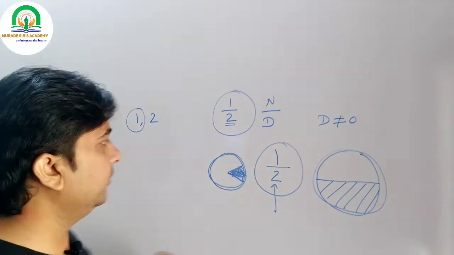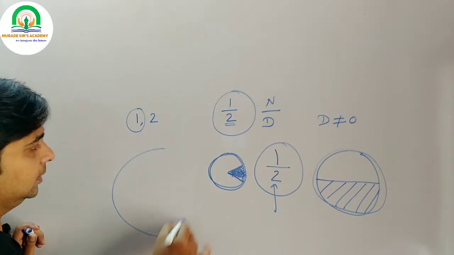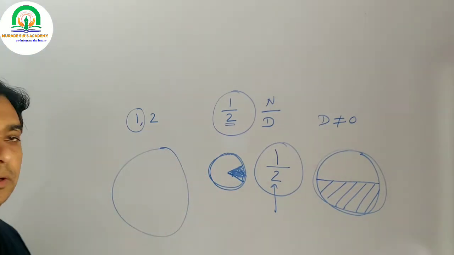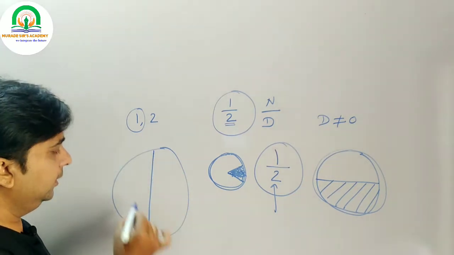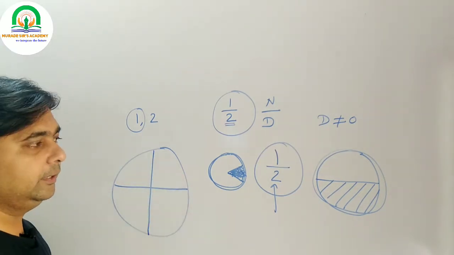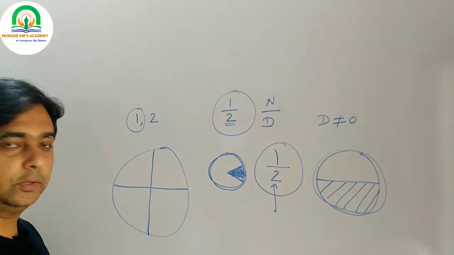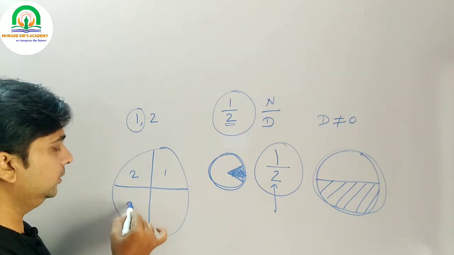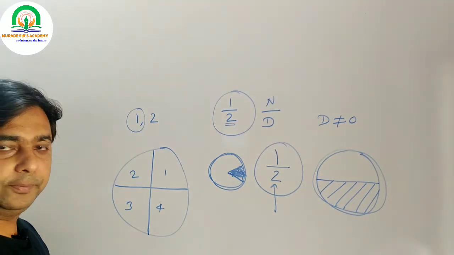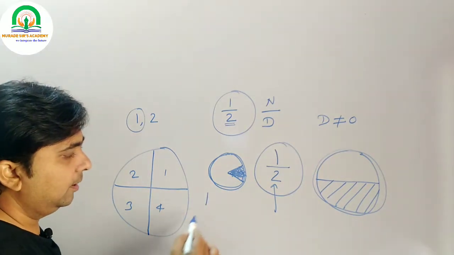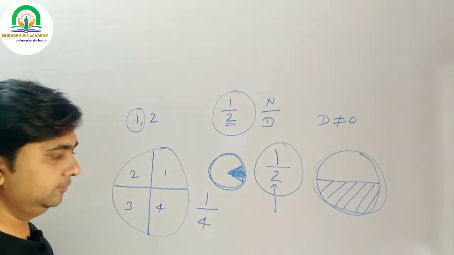Okay, same way, this is one whole. I want to divide it into 4 parts. This is 1, 2, 3, 4. How is it represented? 1 upon 4.